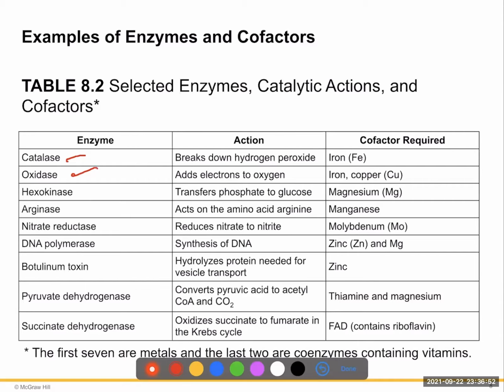Hexokinase transfers phosphate to glucose. It requires magnesium. So we've got glucose phosphate, which is a step in glycolysis. Arginase acts on amino acid arginine, requires magnesium. Nitrate reductase, DNA polymerase, you can see all the different ones require different types of cofactors.